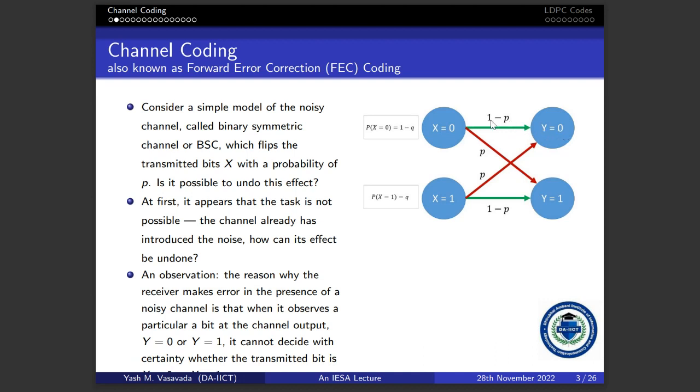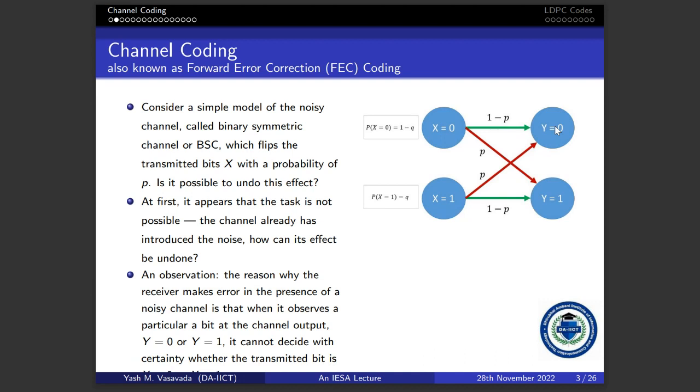When I get y equal to 0, I don't know whether the transmitted bit was x equal to 0 or it was actually x equal to 1, which got flipped into a bit 0 at the receiver, right? So that is the underlying error phenomenon that is happening.